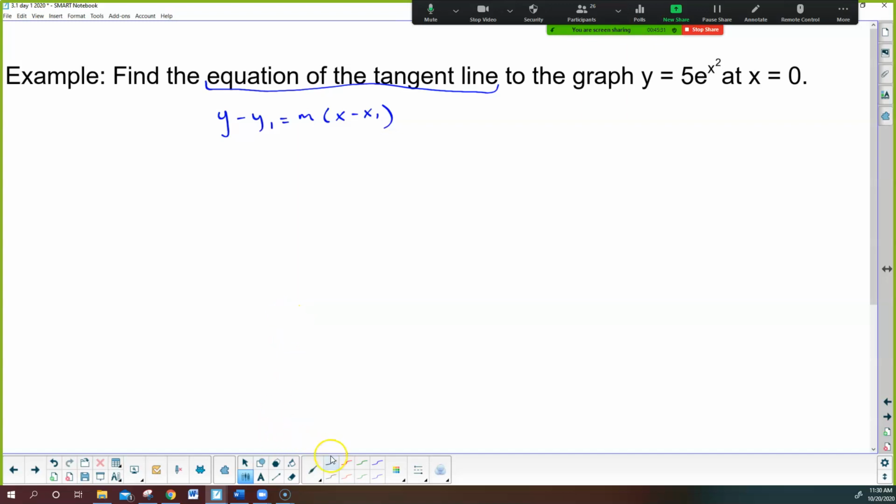Well, what does that mean? I hope you see the equation of the tangent line and you're thinking, I need a point, right? I need some x1, y1, and then I need the slope. But isn't slope the same as derivative?